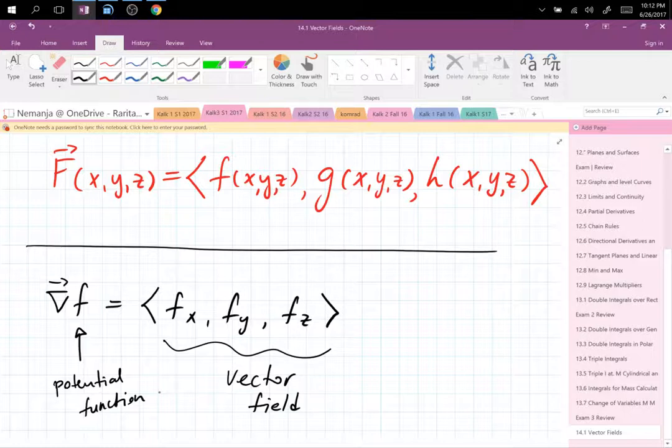So every gradient is a vector field, but not every vector field has a potential function whose gradient would give it. Just like you can differentiate anything, but you can't integrate everything. Certain integrals do not have functions that you can differentiate to get them. But we'll see more of that in 14.3, which is on the menu tomorrow.